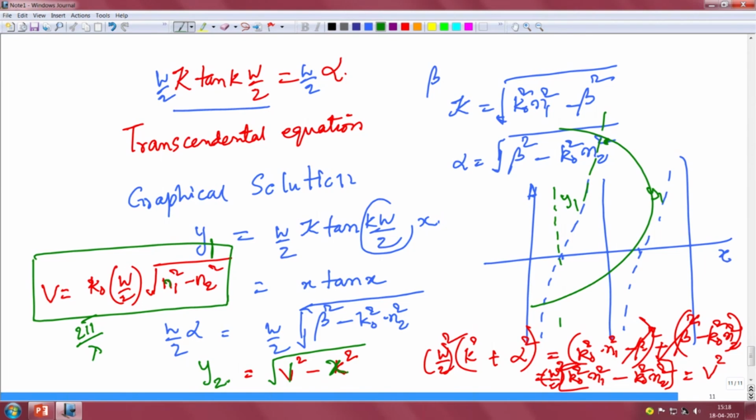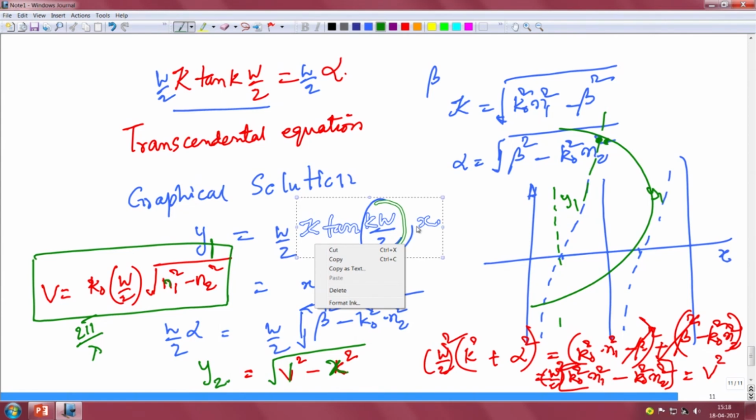You draw the graph of left hand side and right hand side with normalized parameters like x, and then find the point of intersection, and from the value of the solution x we can find the value of beta. So, from this expression we have k w by 2 as x. Once we get the value of x, we can find the value of beta.